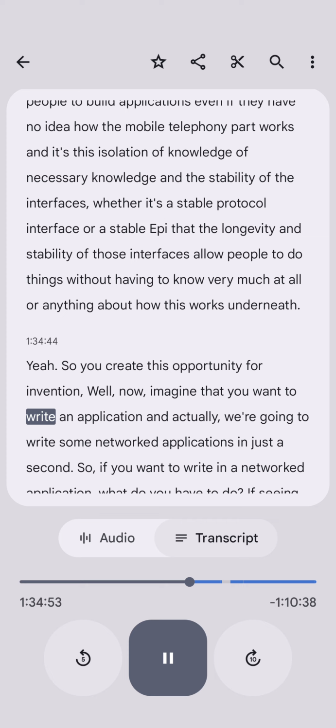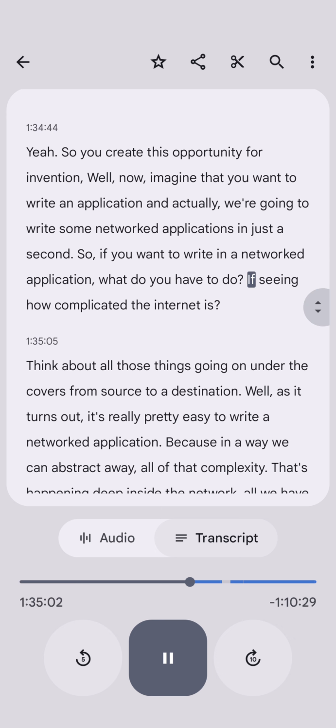Well, now imagine that you want to write an application. And actually, we're going to write some networked applications in just a second. If you want to write a networked application, what do you have to do? You've seen how complicated the internet is. Think about all those things going on under the covers from source to destination.